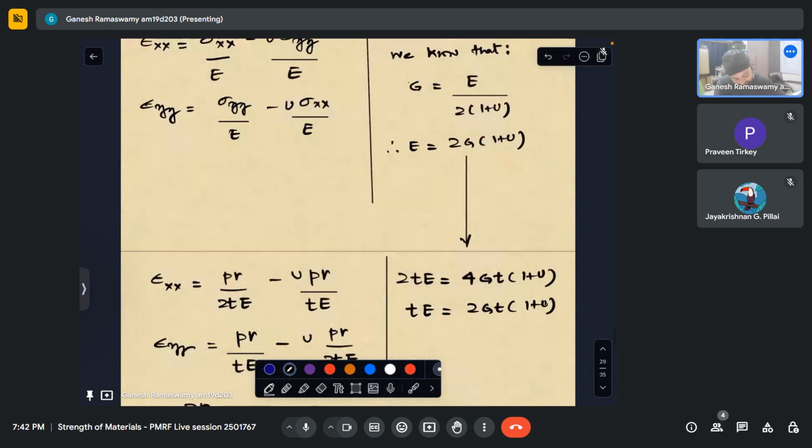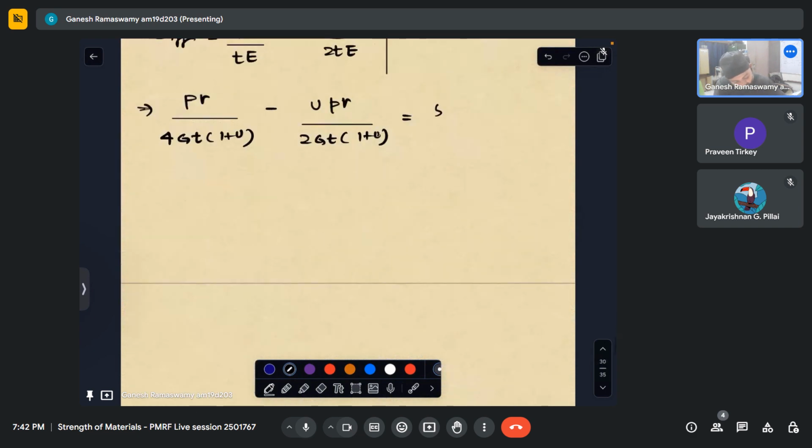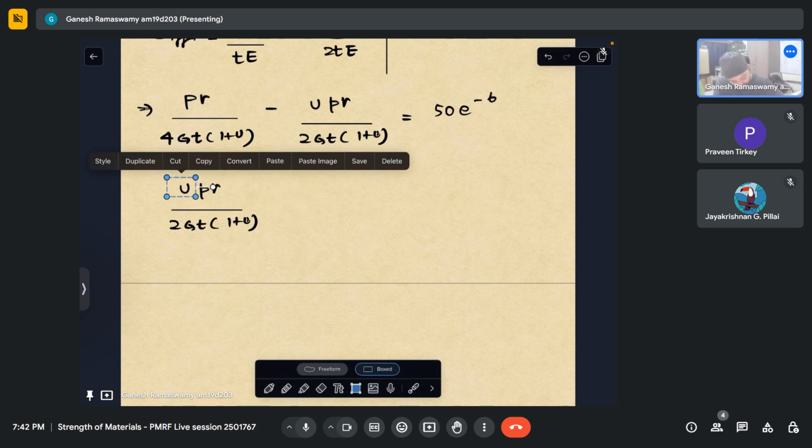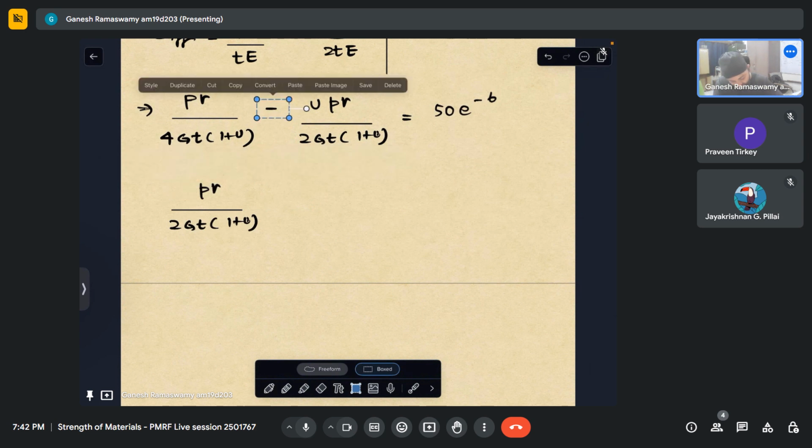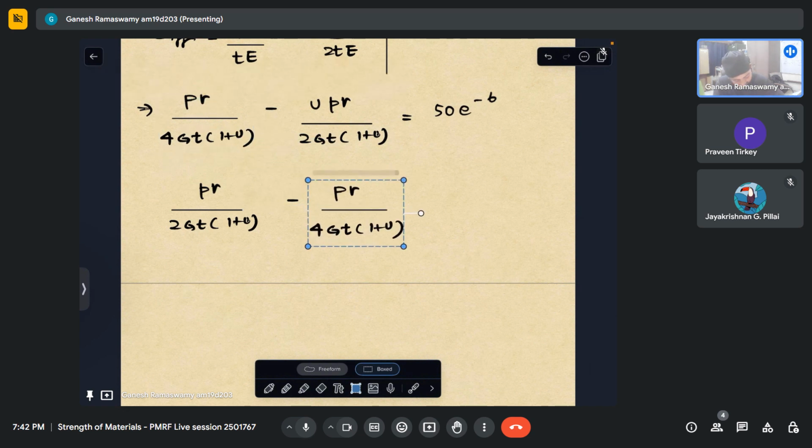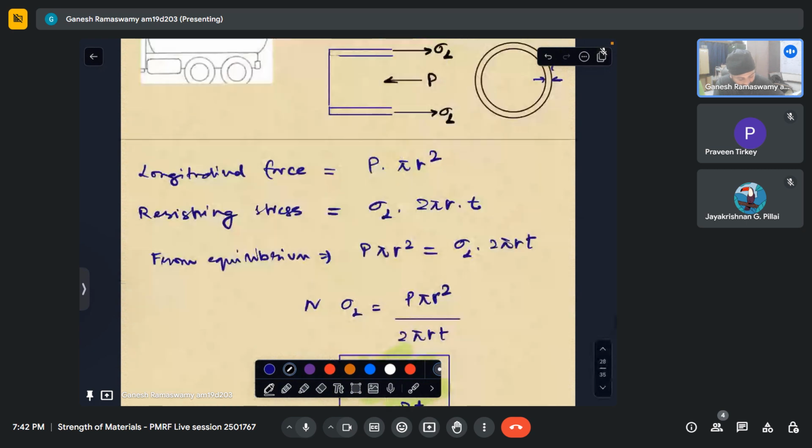So this is 50 into 10 to the power minus 6. The second equation will be this. And I'll just take this. I have to put a mu. And this will be 250. I suppose that was 250 microstrain.